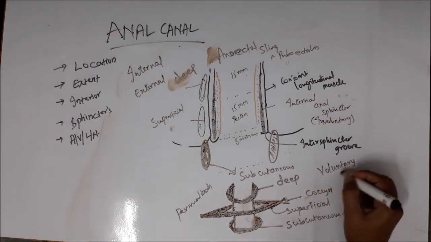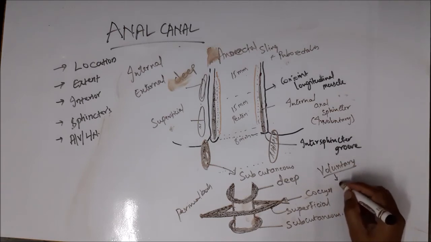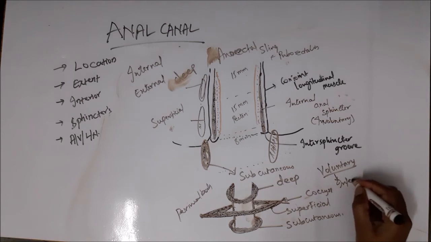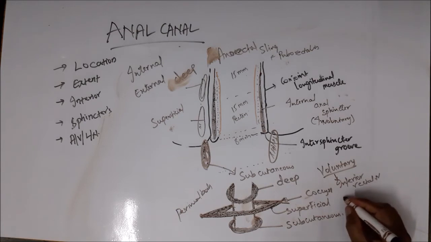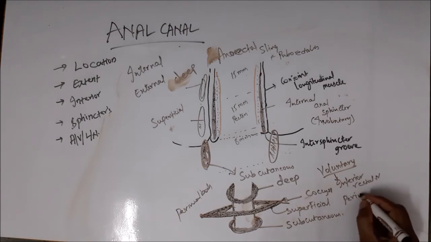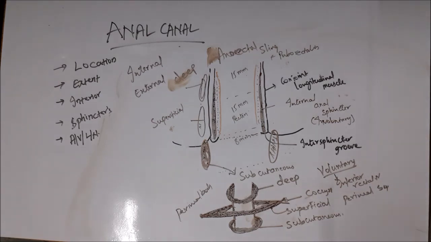So what is the nerve supply? It has nerve supply from the inferior rectal nerve and perineal branches from the S4. Perineal branches from the fourth sacral nerve.